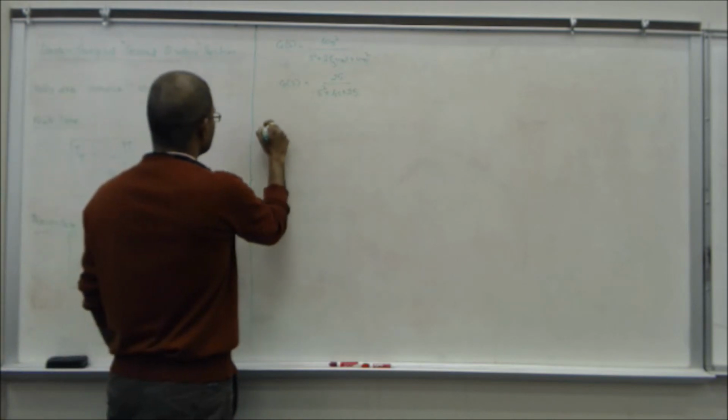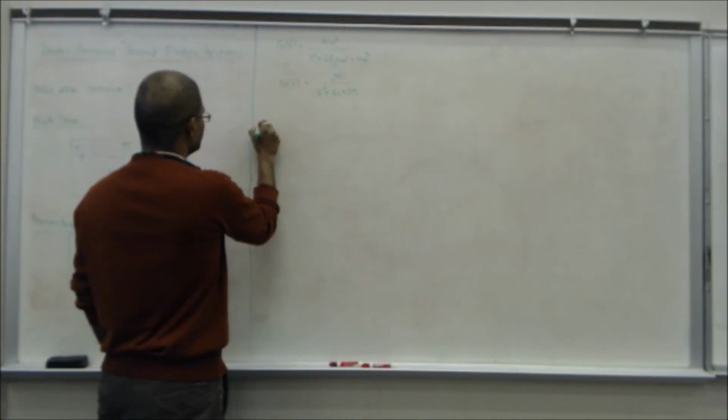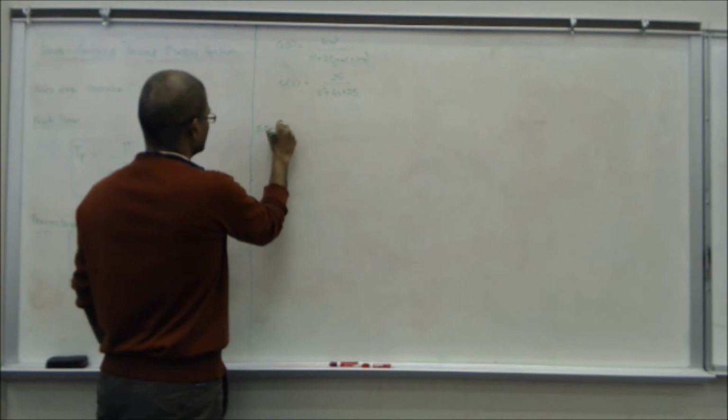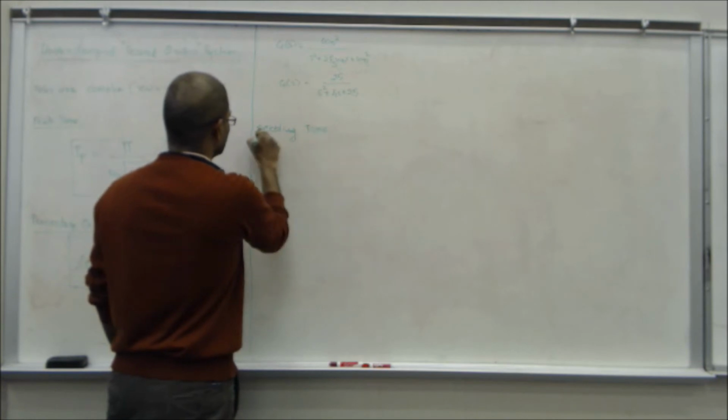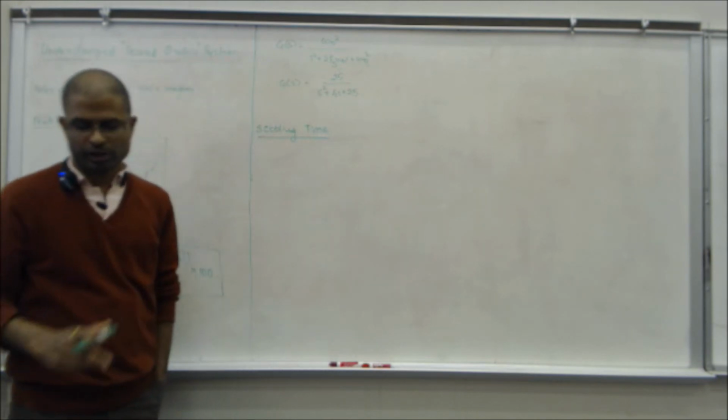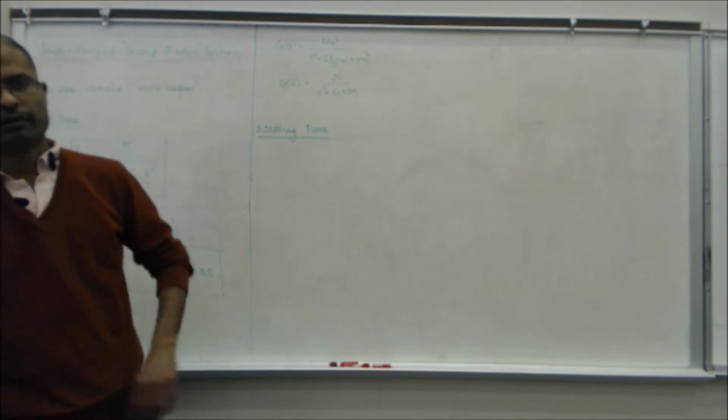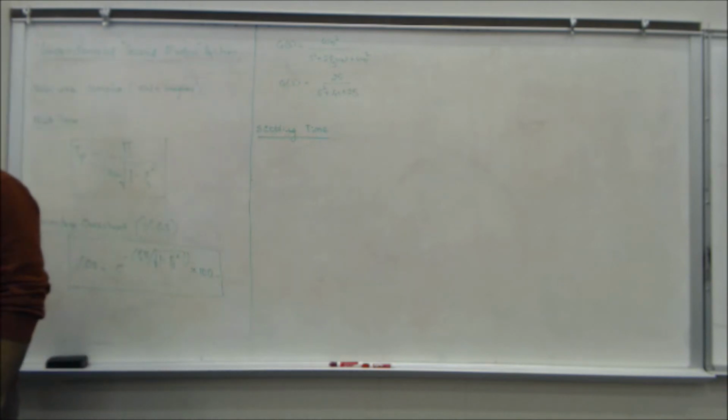The next one is settling time. So settling time depends on how you define the settling time. Here, if you see, the settling time is defined as plus or minus 2%.